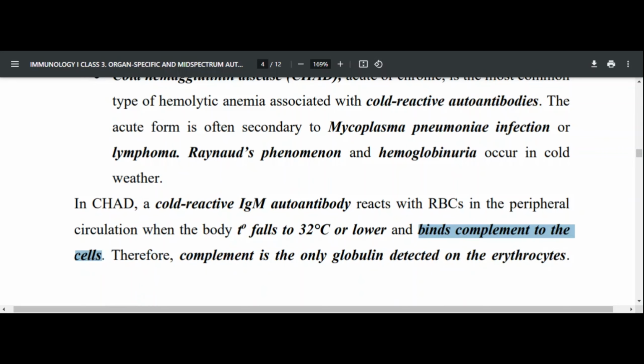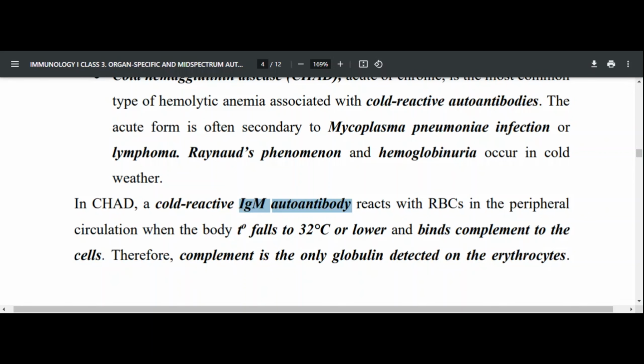When the blood continues to circulate, it reaches a point where the temperature is normal body temperature, 37 degrees. At 37 degrees IgM is not able to react, but complements are activated and destroy red blood cells. So complement is the only protein that you are able to detect on the erythrocyte.